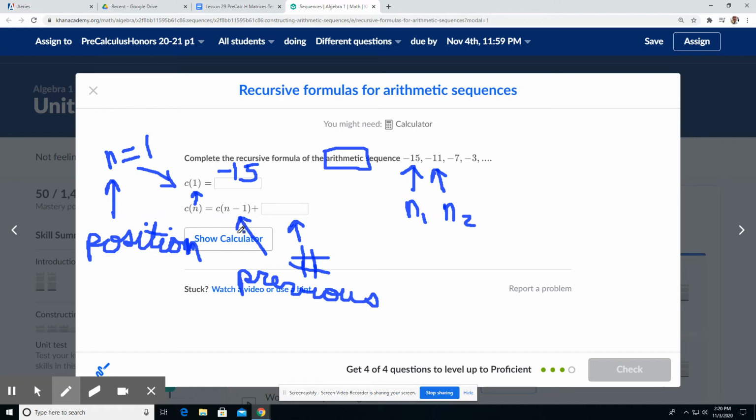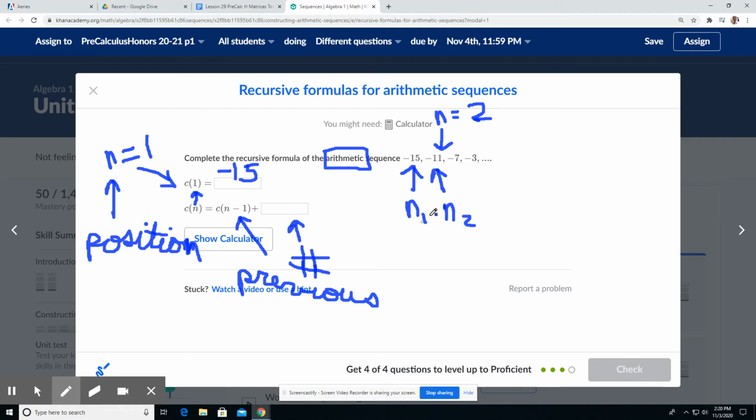So it kind of helps to get a handle on this by actually plugging in a number here. So if n is 1, we get negative 15. So what comes next? n equals 2. This entry right here, n equals 2, is negative 11. So if we do it right, the output should be negative 11.